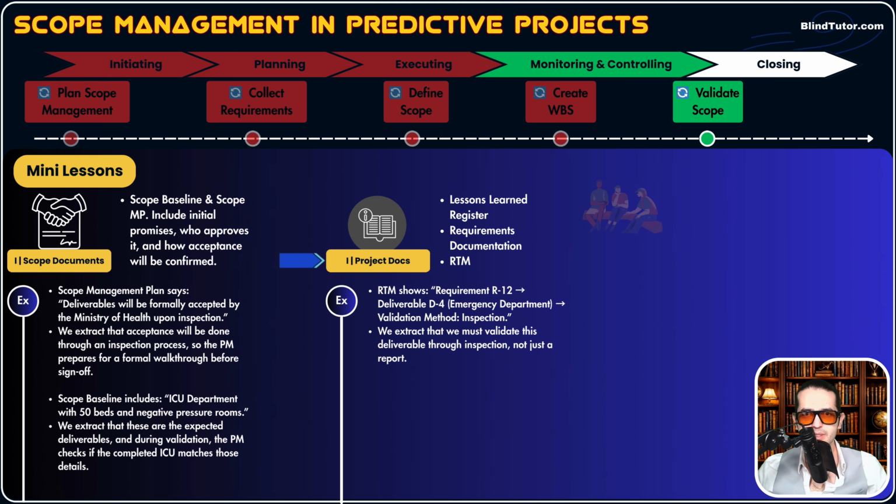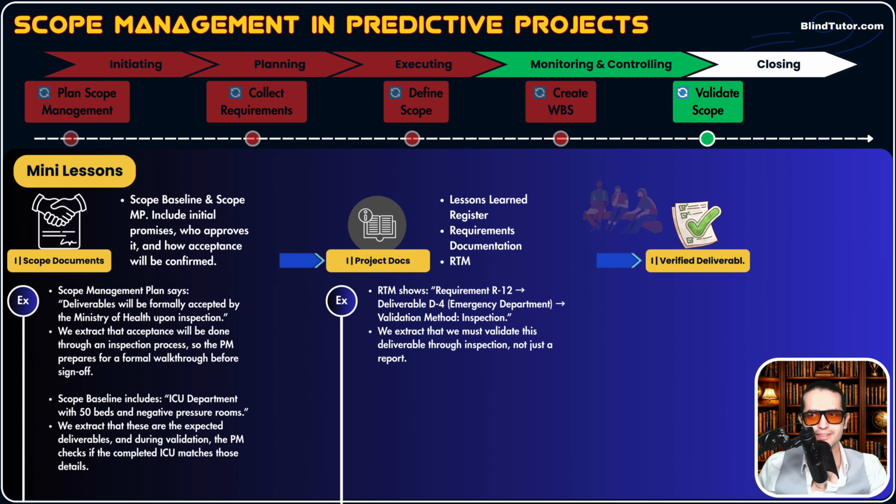Okay, so in the RTM, in front of each requirement, the validation method is also included. We extract this information. Okay, we know that we must validate, for example, that deliverable through inspection, not just a report. So we extract validation methods of different deliverables from the RTM. This is how RTM helps us as an input.